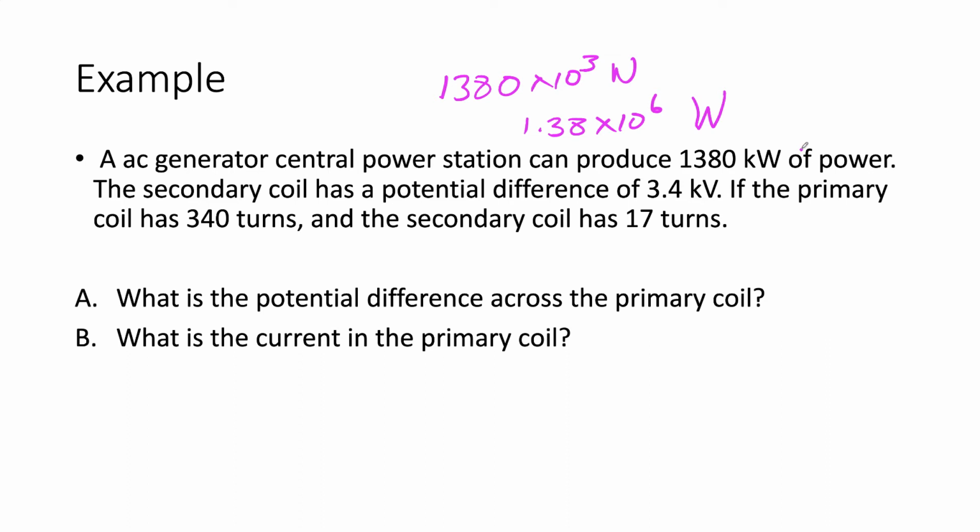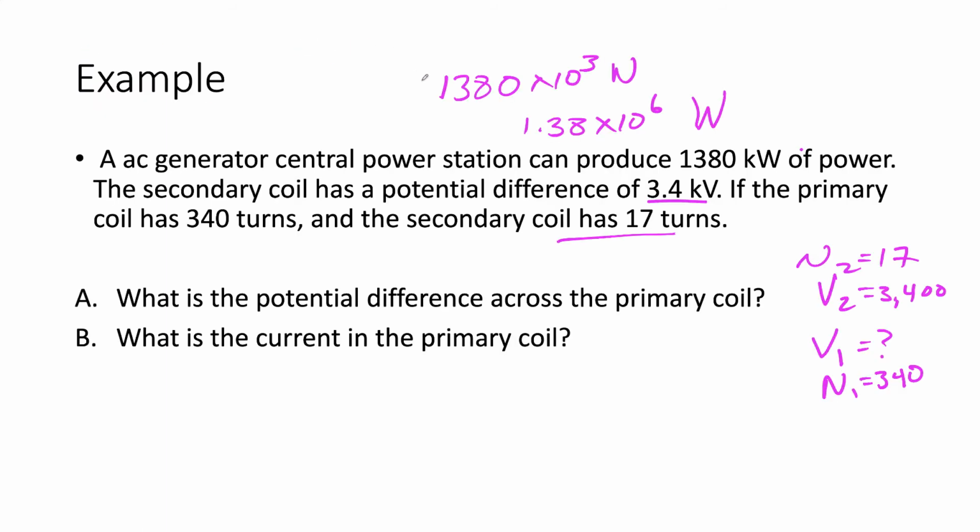We don't need this, because what we have is the secondary coil has a potential of 3.4 kilovolts, and it has 17 turns. So N2 is 17. V2 is 3.4 kilovolts, so 3,400 volts. We want V1, and N1 is equal to 340.